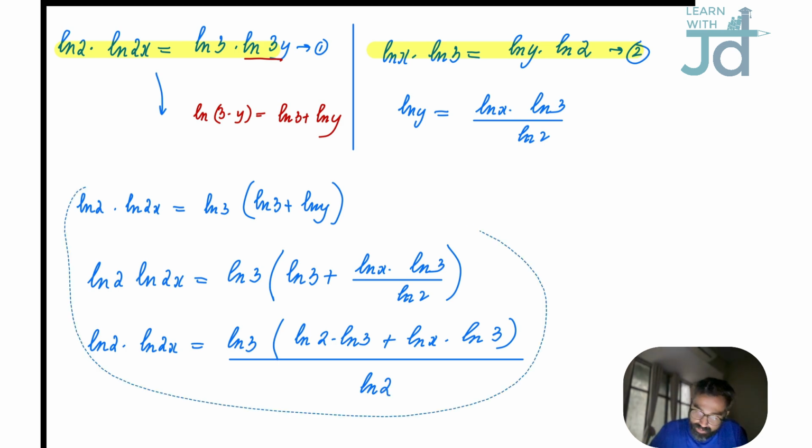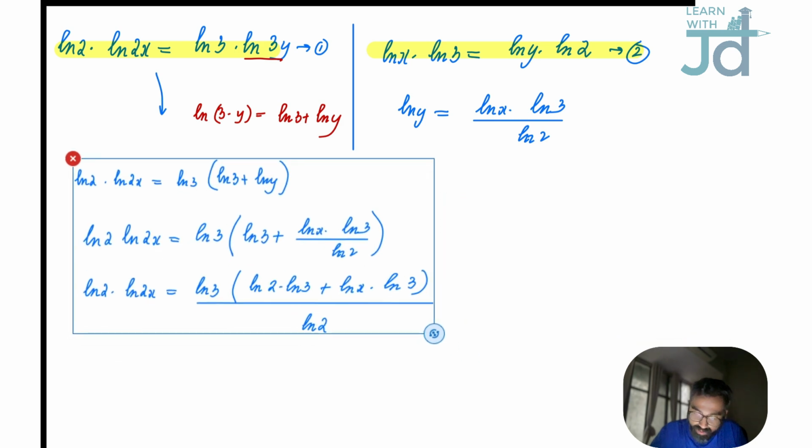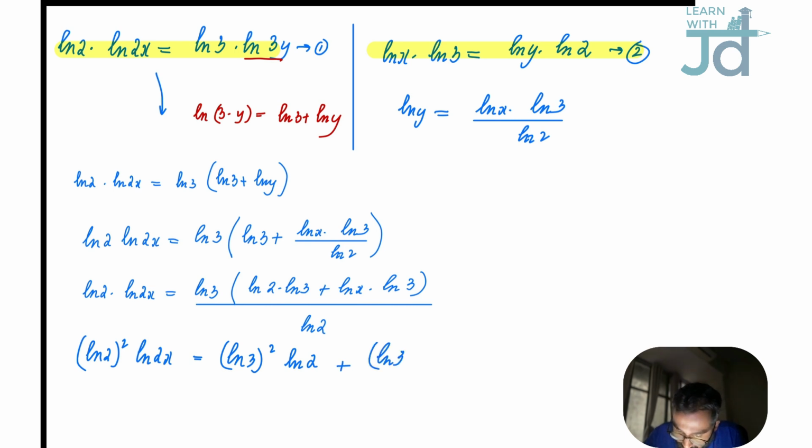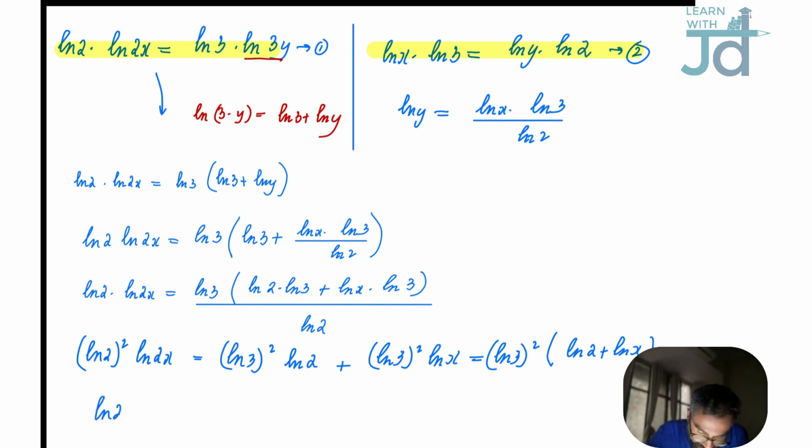Now I can multiply this ln 2 here. So I'll get ln 2 squared into ln 2x is equal to ln 3 squared times ln 2 plus ln x. If I take ln 3 squared, I get ln 2 plus ln x, and ln 2 whole squared into ln 2x is equal to ln 3 whole squared.